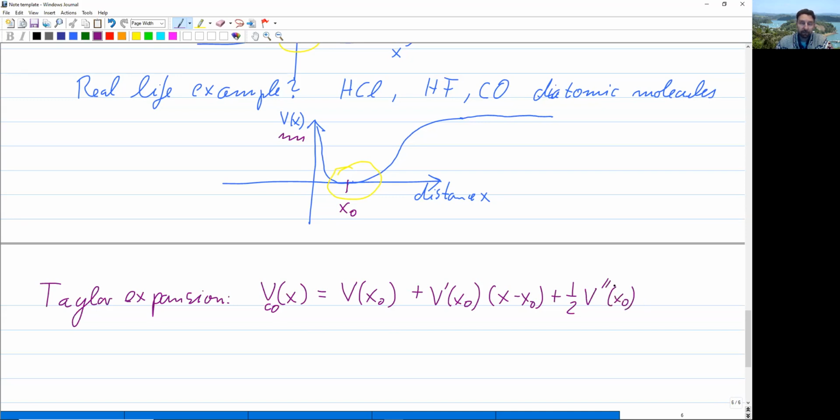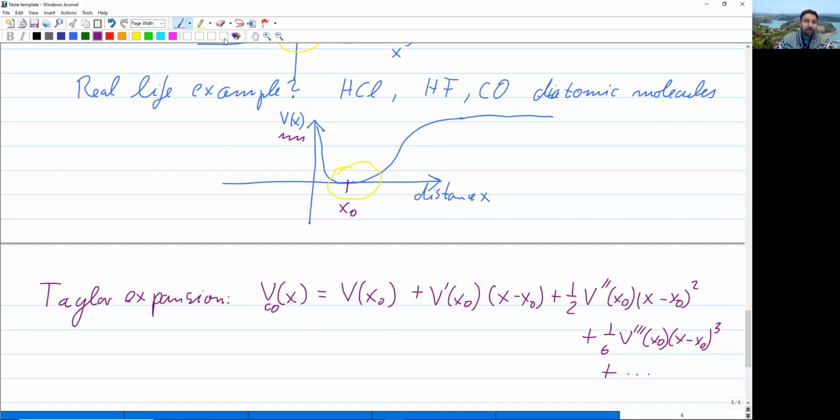Remember, it's a Taylor expansion, not a Maclaurin expansion. We are Taylor expanding not around 0, but around x naught, times x minus x naught squared. And then plus 1/6 V triple prime at x naught times x minus x naught to the third power, plus dot dot dot, higher order terms.